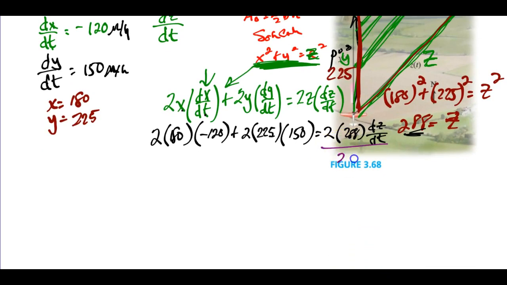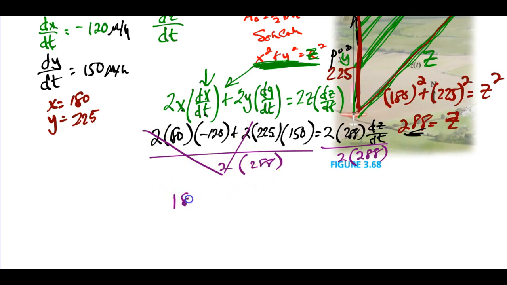But divide both sides by 2 times the quantity 288, a bunch of 2's can cancel, at least, and maybe more can cancel, but you just multiply this together.